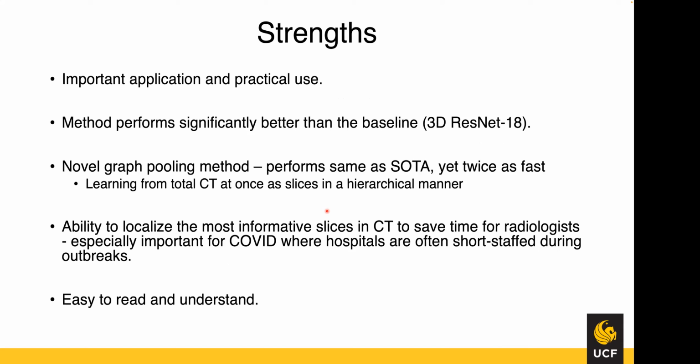They're able to localize the most informative slices in the CT, and it actually performs better than the radiologists. Also, the paper was really easy to read and understand, especially for me, someone without a strong computer science background. So it was a really nice read, and that counts for a lot.